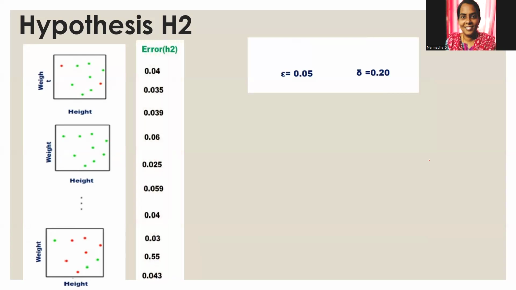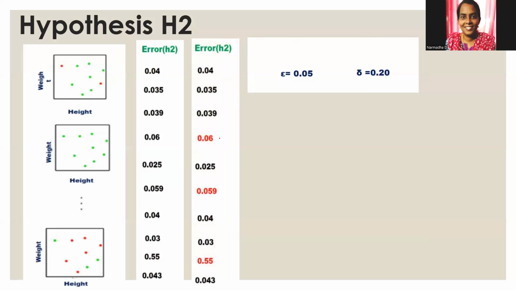Let us assume that these are all the error values recorded, and the error limit is 0.05, and delta, the probability value, is 0.20. When we compare all these values, how many times has the model failed?